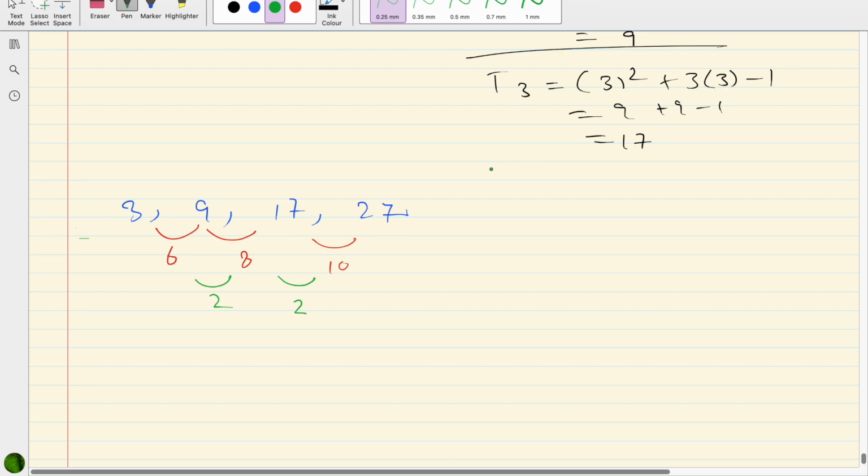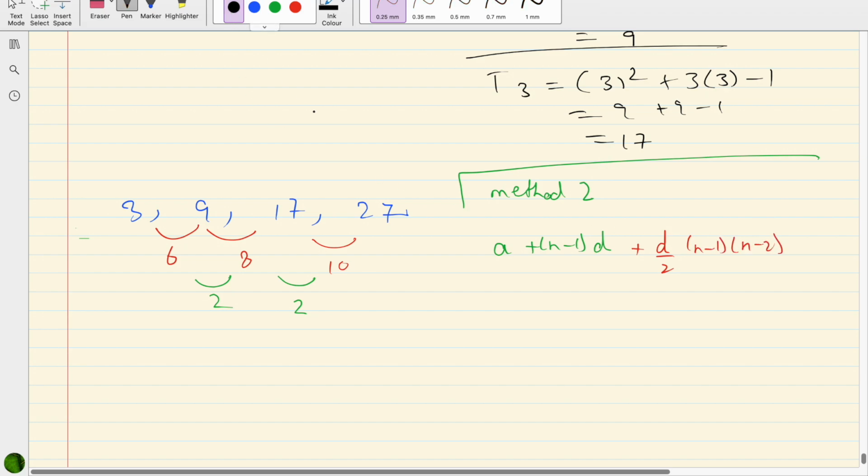Now what is the second method? So this is a plus n minus 1 into d. You remember this was for the linear sequence, but the change is plus d by 2 into n minus 1 into n minus 2. Now check this.